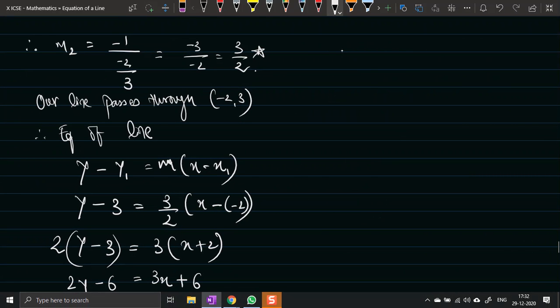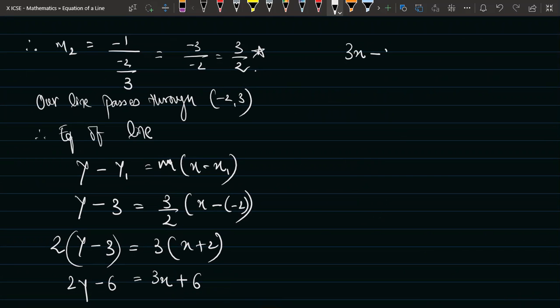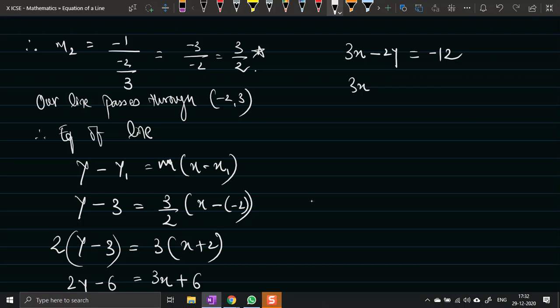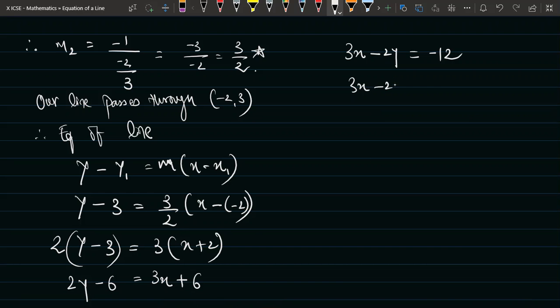So we get 3x minus 2y is equal to minus 12, because 6 will go that side, 2y will come this side. 3x minus 2y is equal to minus 12, or 3x minus 2y plus 12 is equal to 0.